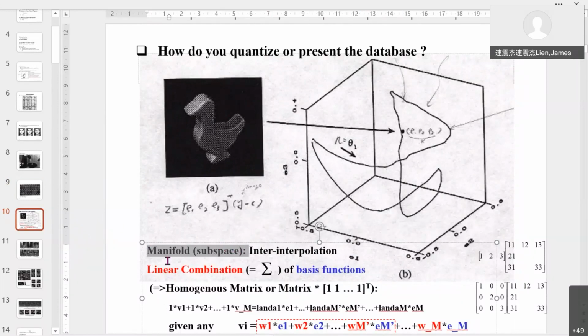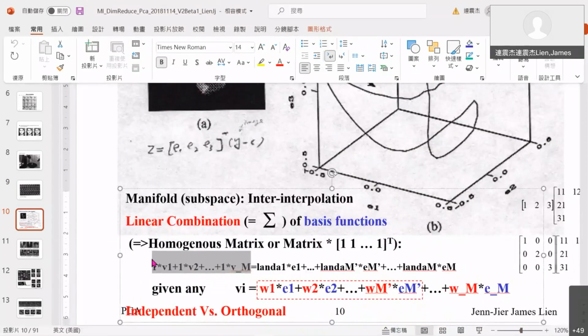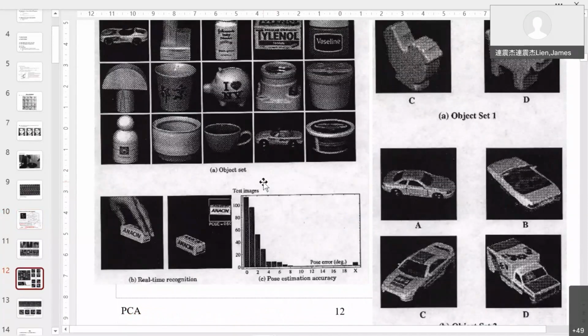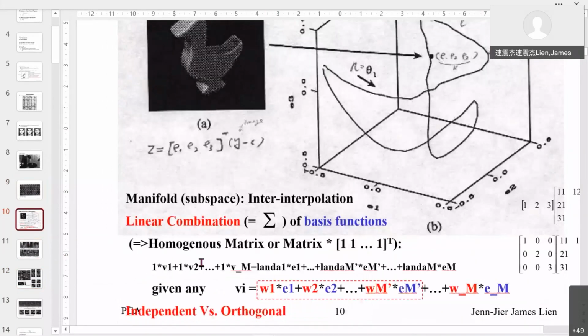Sometimes you read the paper, they will talk about manifold. So what's the manifold? Actually is subspace. So what is this one? Talk about here. 先讲物理观念。So suppose you have a total, right? This one. So suppose you have one target, and total have 4 targets. Each target you have collected 45 rotation angles. This one. So you plus all together.